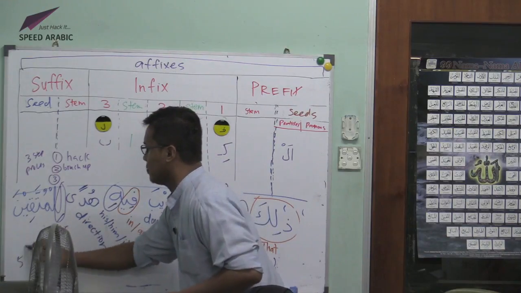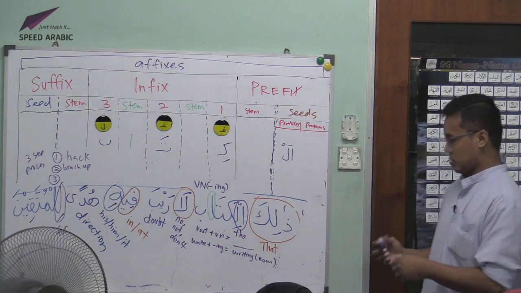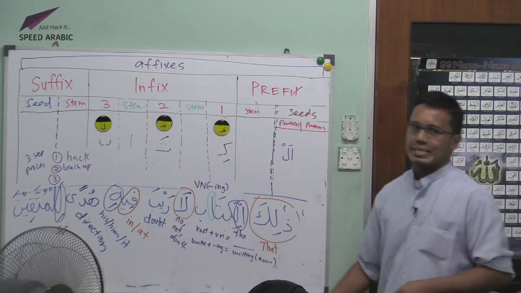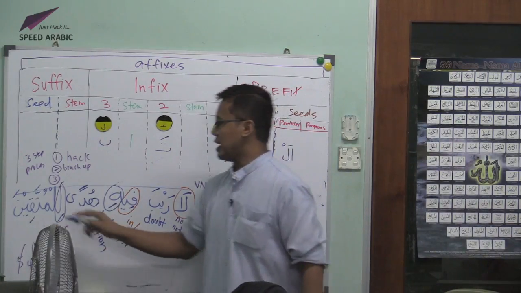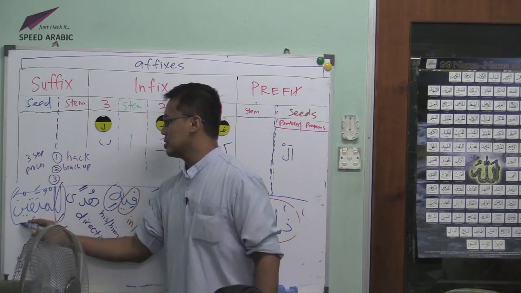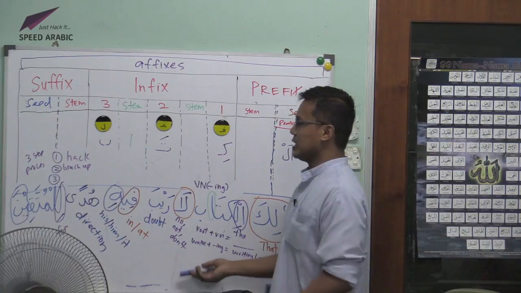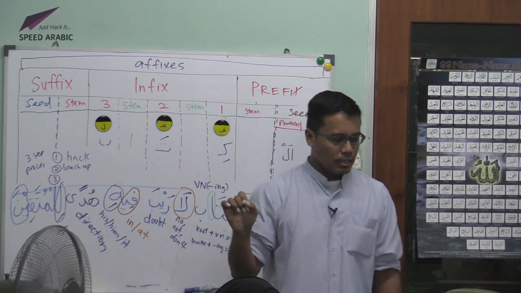Okay. You are left with 4. Now you go to the end. Can you see the Ya Nun there at the end? Ya Sukun and the Nun Fathah.